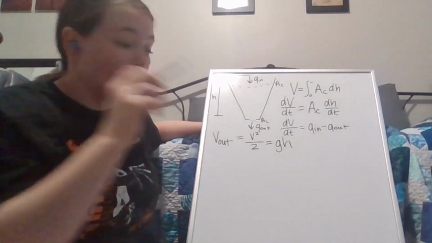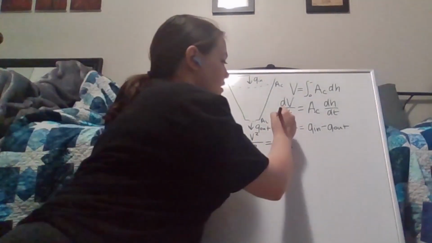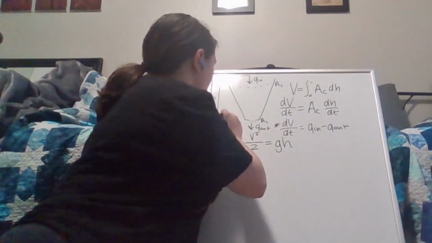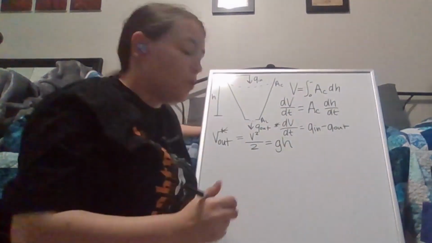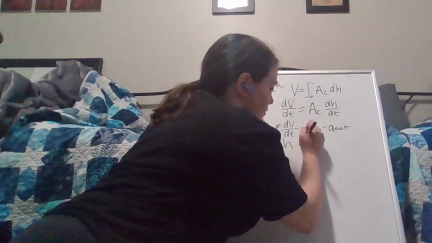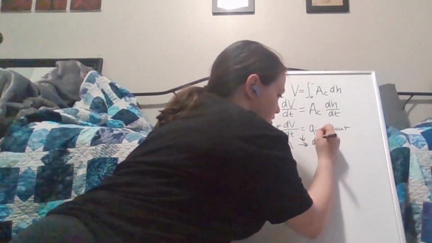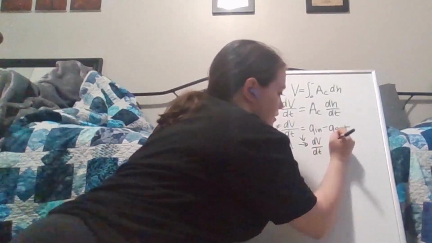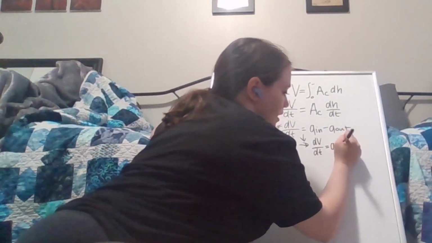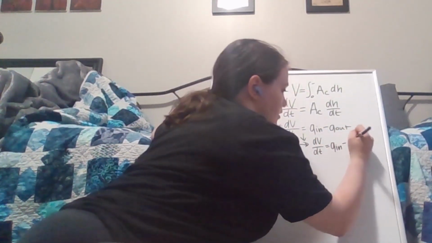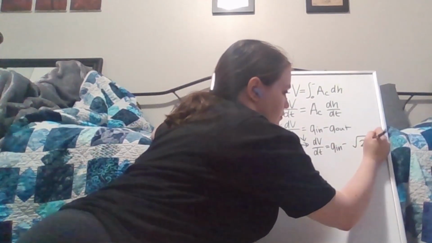When we combine this one and this one, I'm going to just do double arrows there, we get dV over dt is equal to the flow rate in minus the square root of 2gh.